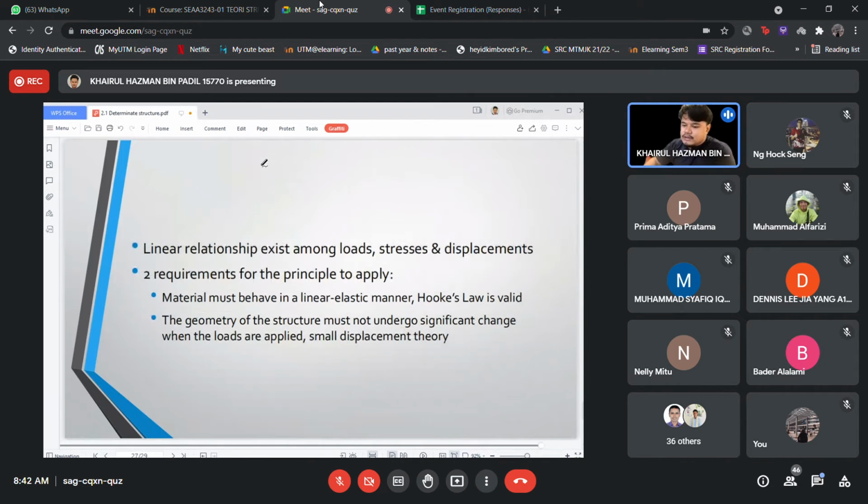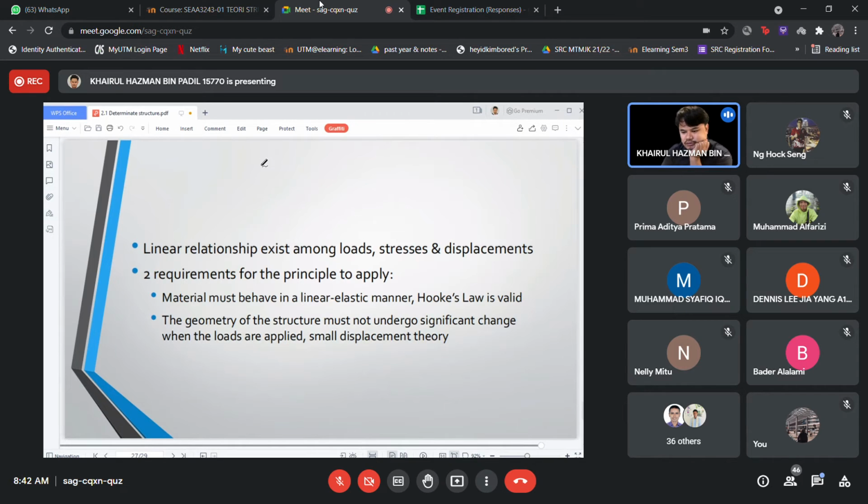Okay, a linear relationship exists among load, stresses, and displacement. There are two requirements for the principle to apply: the material must behave in a linear elastic manner, as I said earlier, and the geometry of the structure must not undergo significant changes when the loads are applied. So small displacement theory. If the loading is big, it will affect the structure pretty much.